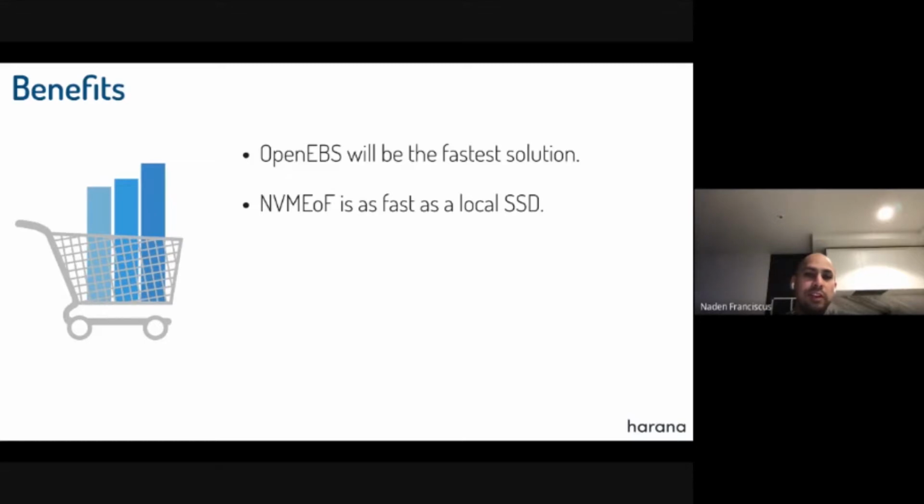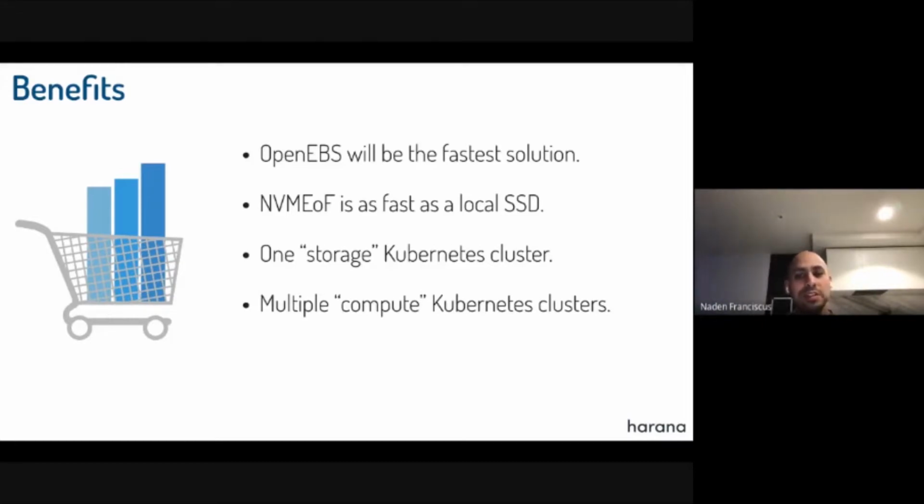It's important that you have fast storage, otherwise all of your applications will be slower. It also allows for this new architecture: one storage cluster and then multiple compute Kubernetes clusters. It's an interesting option. And like I said before, Spark jobs without any changes will run 2 to 3 times as fast as they do today, which for many companies is a really big deal.